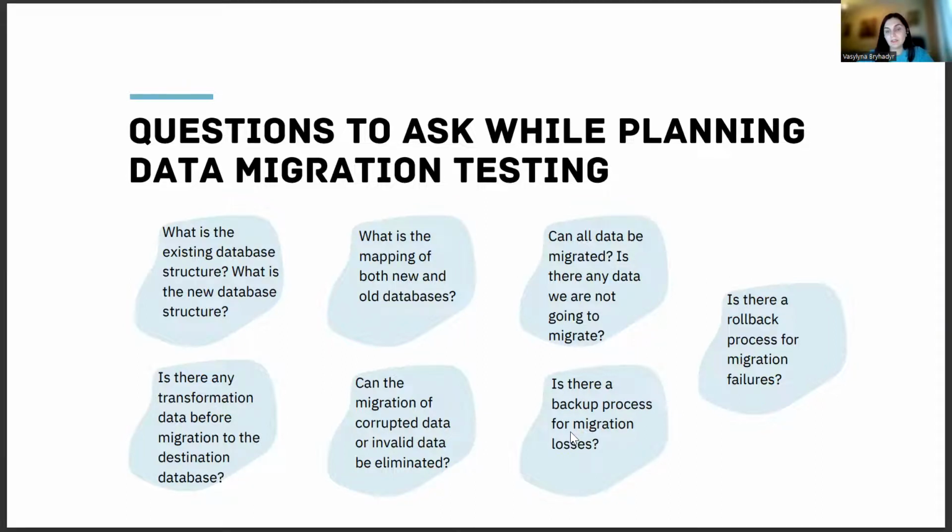Another two questions, and the last on our list here, will be related more to the migration process itself. It's regarding a backup process for any migration losses and a rollback process for any migration failures. So what benefits does this information give you? First of all, you will be more secure about some data or some changes you make, which can be backed up or rolled back, should they not go well.